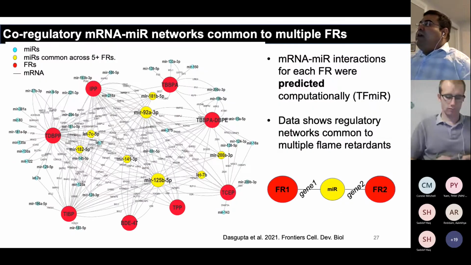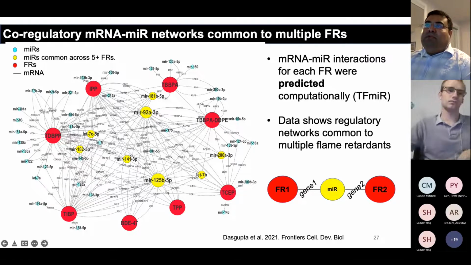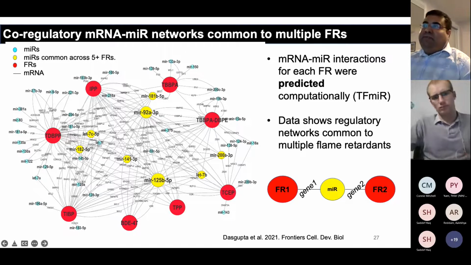So we then performed a regulatory network analysis between mRNA and microRNA targets of flame retardants. Again, this chart is really hard to read, but I'll guide you through this. In the bigger red nodes, you see the different flame retardants that are plotted here. The bigger yellow nodes represent microRNAs that were disrupted across 5 or more flame retardants, whereas the blue nodes denote the microRNAs that were disrupted in less than 5 flame retardants.